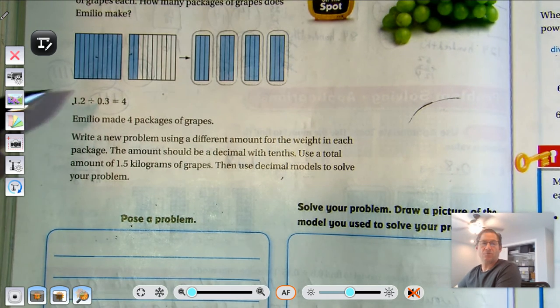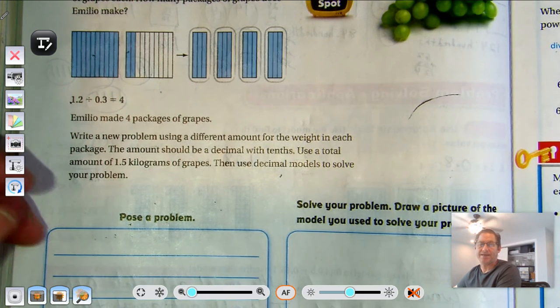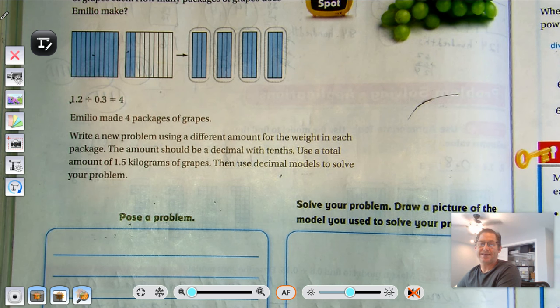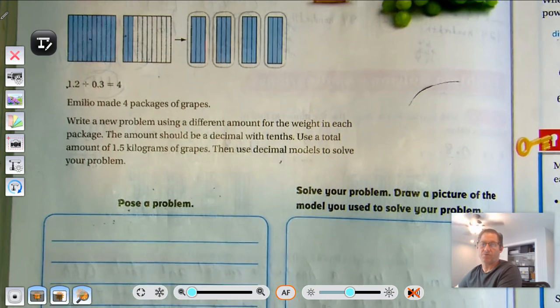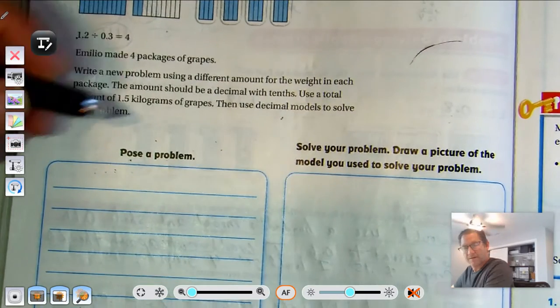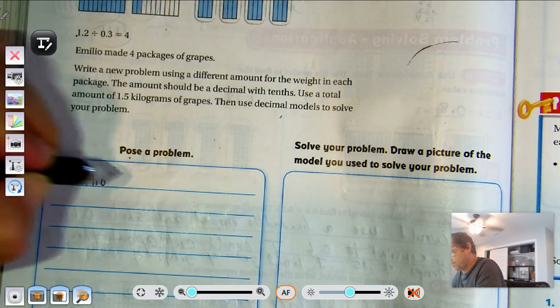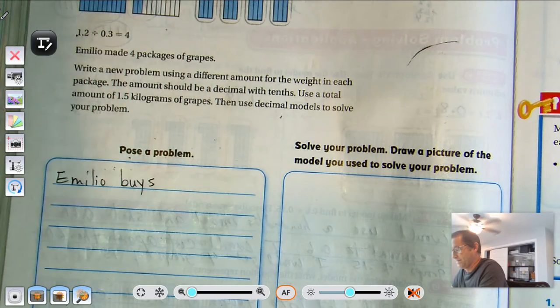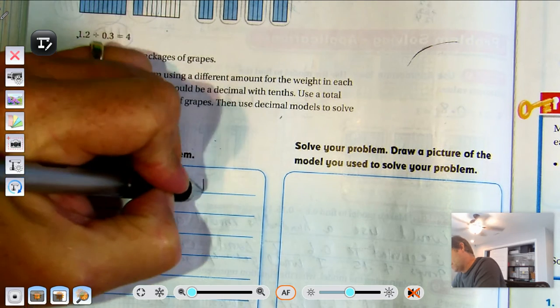All right. So write a new problem using a different amount for the weight in each package. The amount should be a decimal with tenths. Use a total amount of 1 and 5/10 kilograms of grapes. Then use decimal models to solve your problem. Okay, so let's see. Emilio buys 1 and 5/10 kilograms of grapes.